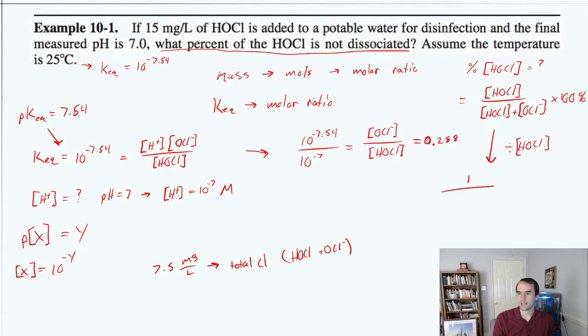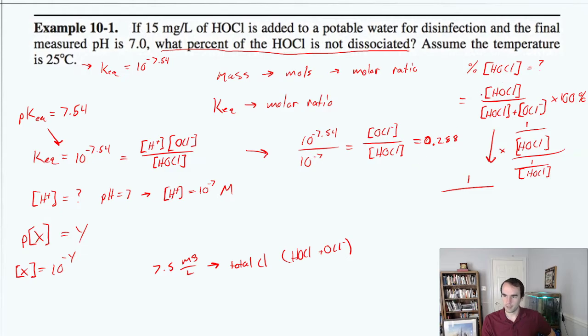So I'm taking it and multiplying it by 1 over HOCl. I hope this is clear. So I just multiplied essentially by the same thing on the top and the bottom, so it cancels. It's just an algebraic manipulation.